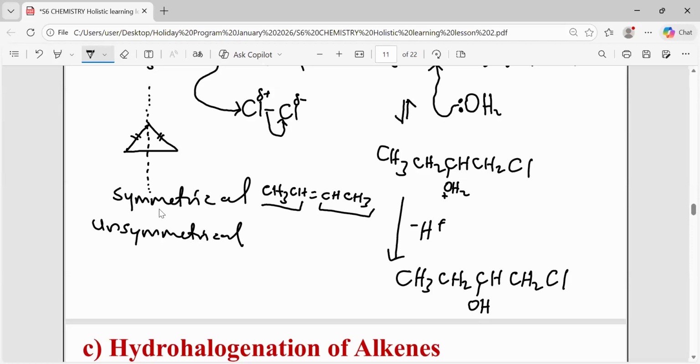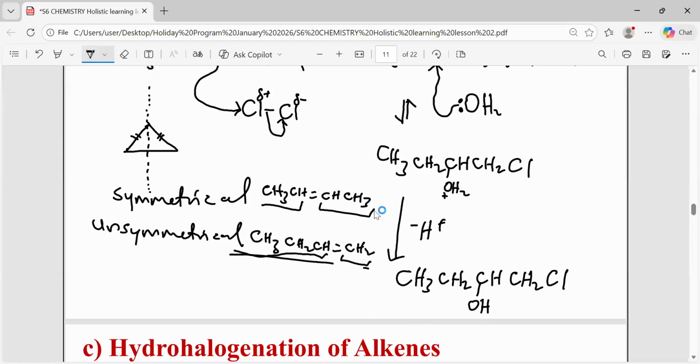So we say this one is symmetrical. But when you come to but1, it is CH3, CH2, CH, double bond, CH2. Now this one, you say it is unsymmetrical because what is here is not the same as what is on the other side. Have you understood that? Yes.